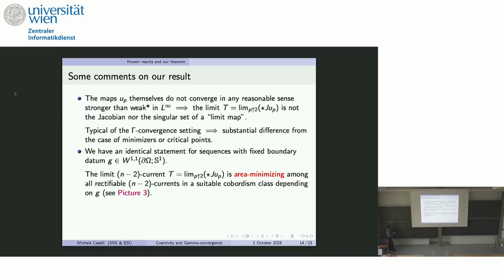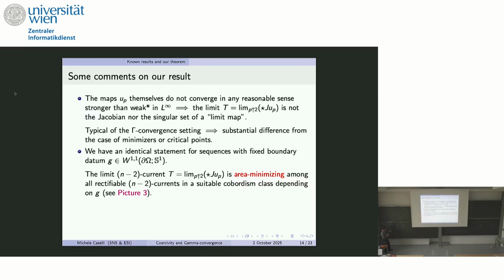For example, G1, the one given by the trace of the map with this singular set, has degree 1 on circles that go around this vortex, but has degree 0 on these circles, right? And G2 does the opposite. G2, the trace of the map that has this singular set, has degree 1 on this circle because this encloses the vorticity set, but has degree 0 there.